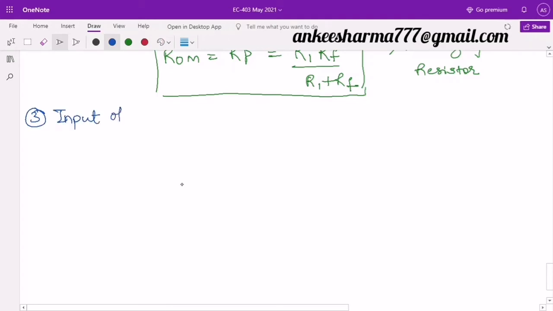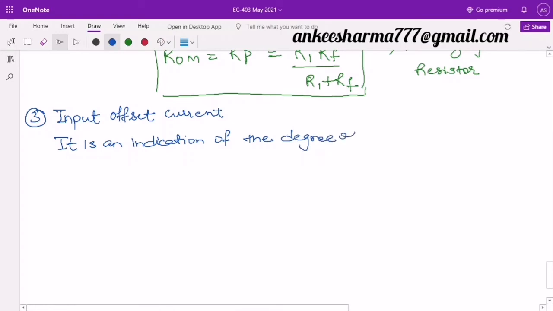Input offset current. In some of the books you will find a definition that it is an indication of the degree of mismatch between the two input currents.